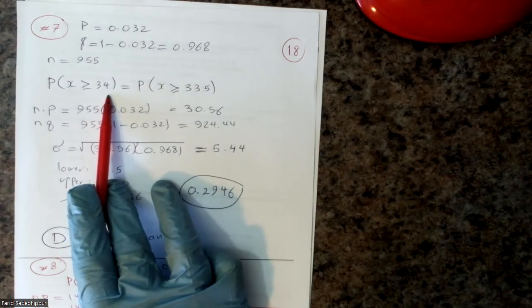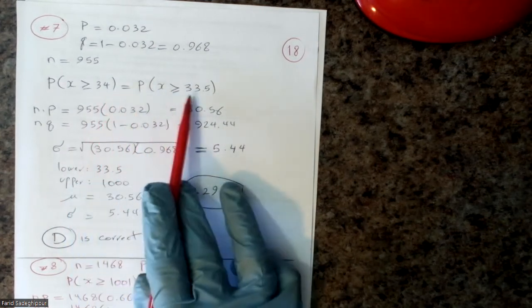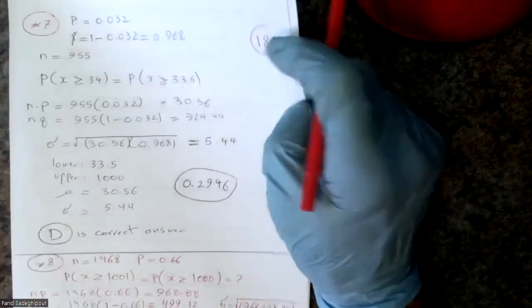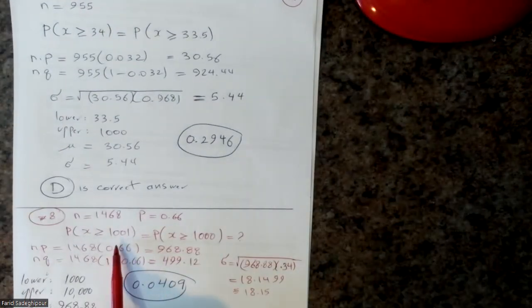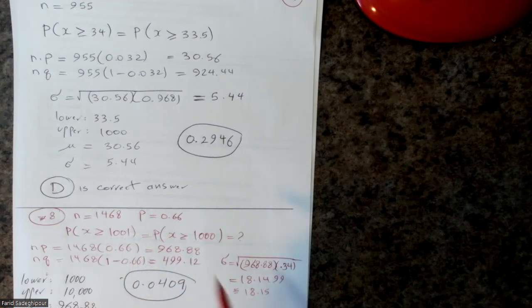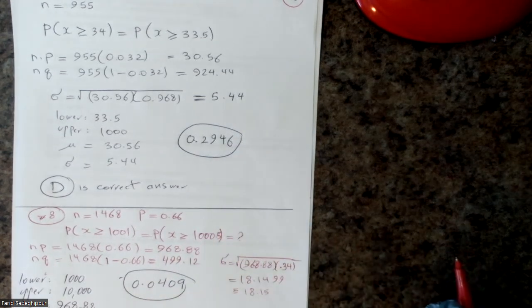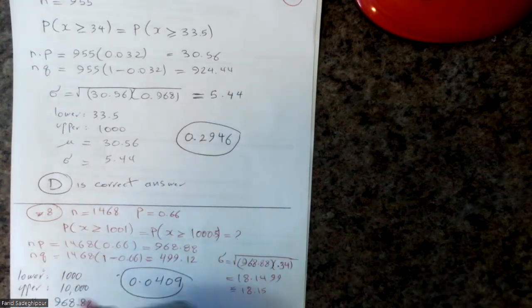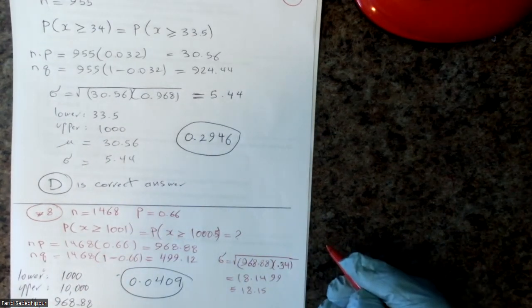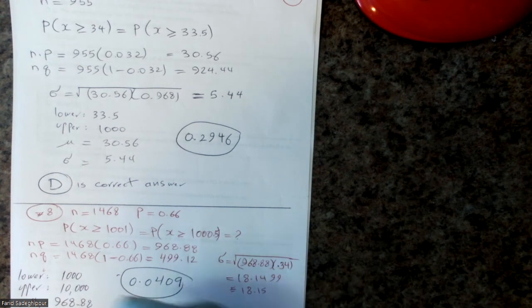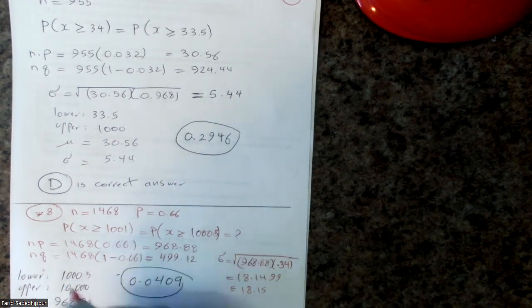X greater than or equal to 34 means 34 is one of the numbers, so you subtract 0.5. X also includes 1001 in problem number 8, so we are subtracting. You could also put 1000, but the rest are all multiple choice questions.